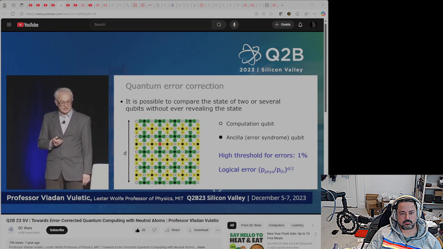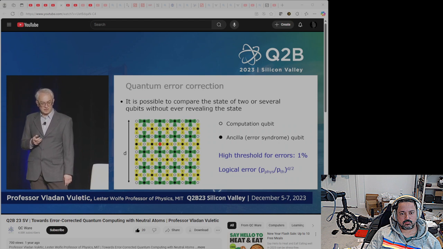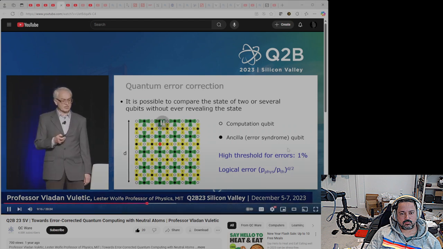And so, for instance, if this white qubit has flipped state for some reason, so computational qubit is empty, these empty circles. Ancilla, error syndrome qubit, the ancilla is the black one, so you alternate.